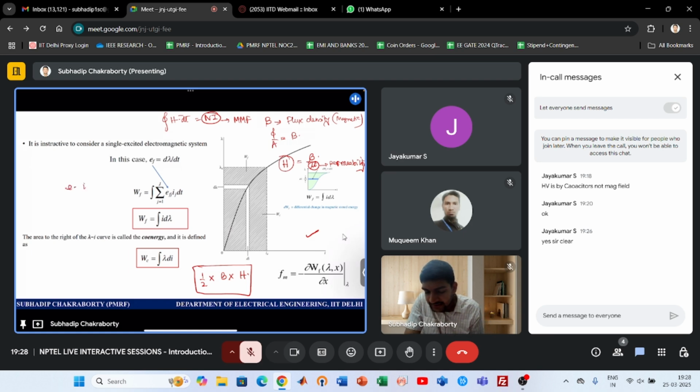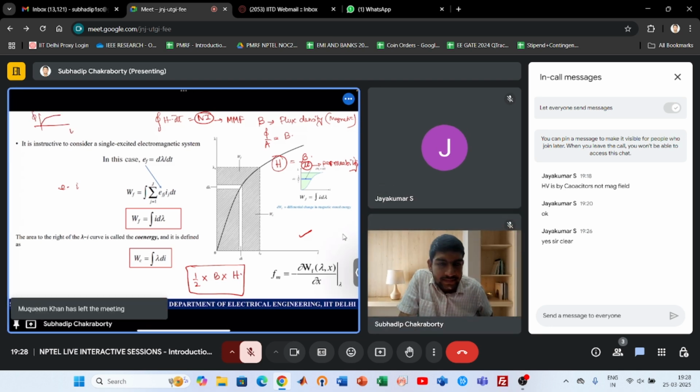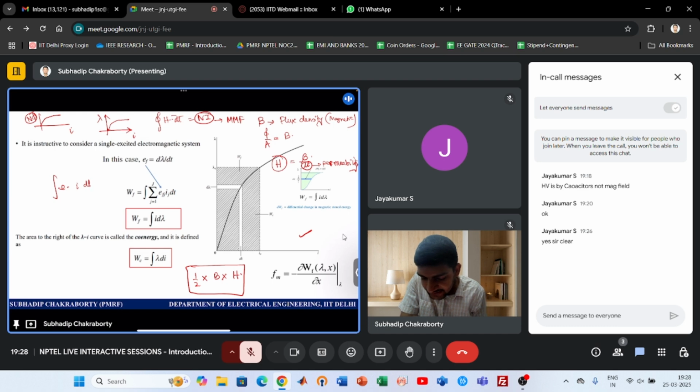Now you already know that due to saturation, the flux versus current waveform is like this. If this is N times phi, I can say the total flux linkage, right? So the lambda versus I curve looks like this. And what you also know is that the integral of E I dt is nothing but energy. I am writing energy as W, because by the work-energy theorem, change in energy is work done.